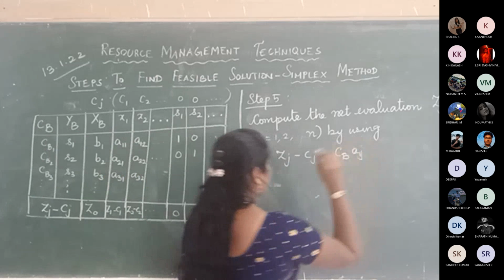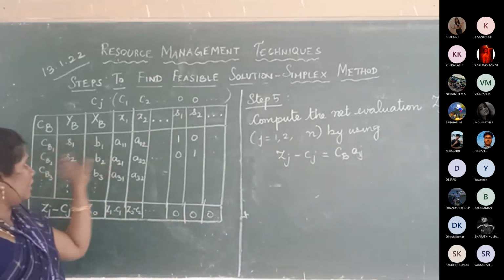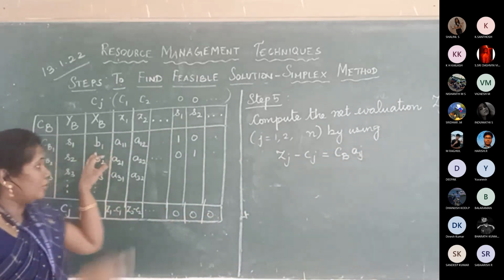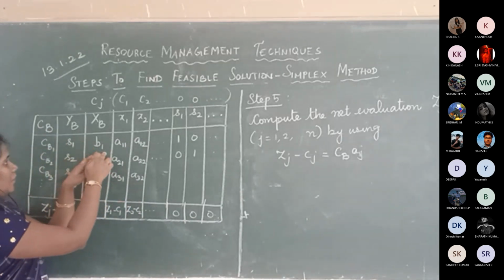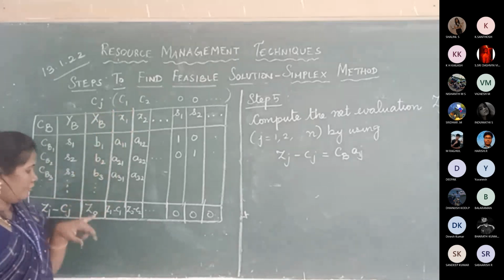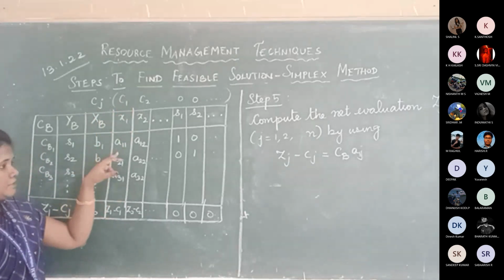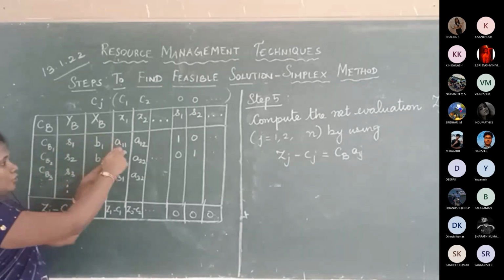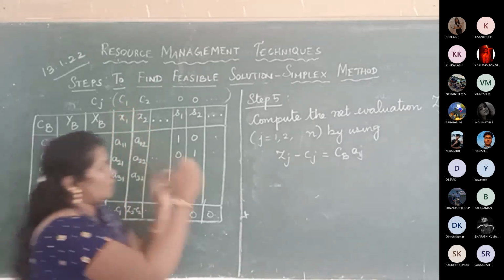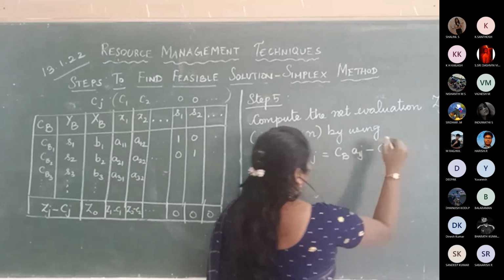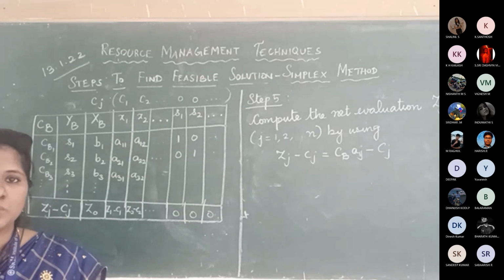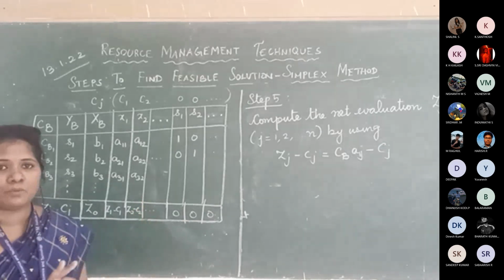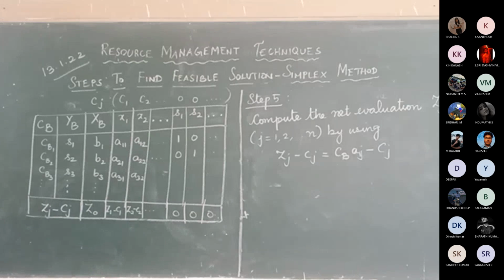For each and every term, for this value you multiply CB1 and B1 minus this term, and for this term it will be CB1 into A11 minus C1. This will be the usual format. When we do the problem with numbers, it will be easy. Just now, write the formulas so that it will be easy when you go through it.